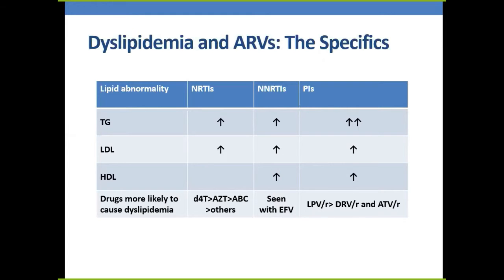With the NNRTIs, we can also see similar lipid abnormalities, with increases in triglycerides and LDL, but sometimes there can also be an increase in the HDL. And with protease inhibitors, we can also see a significant increase in the triglycerides, more than the LDL, and an increase in the HDL. This effect of the protease inhibitors is much more commonly seen with lopinavir ritonavir than the other protease inhibitors, darunavir and atazanavir, that we use currently.